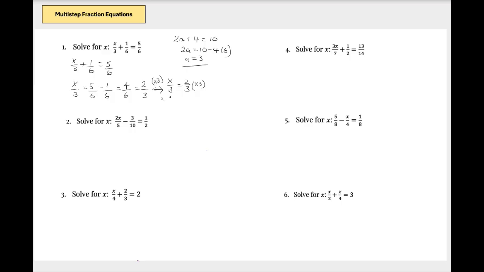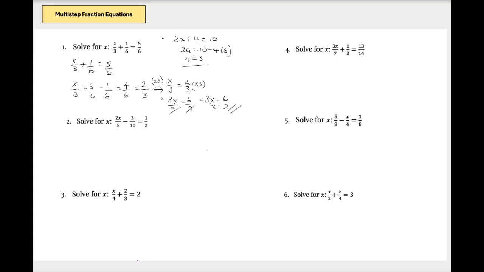So we now have 3x over 9, subtract 6 over 9. Denominators are the same now, so I just want to get rid of them. Don't need them anymore. So I've got 3x equals 6 and x equals 2. So that's how you do that one.